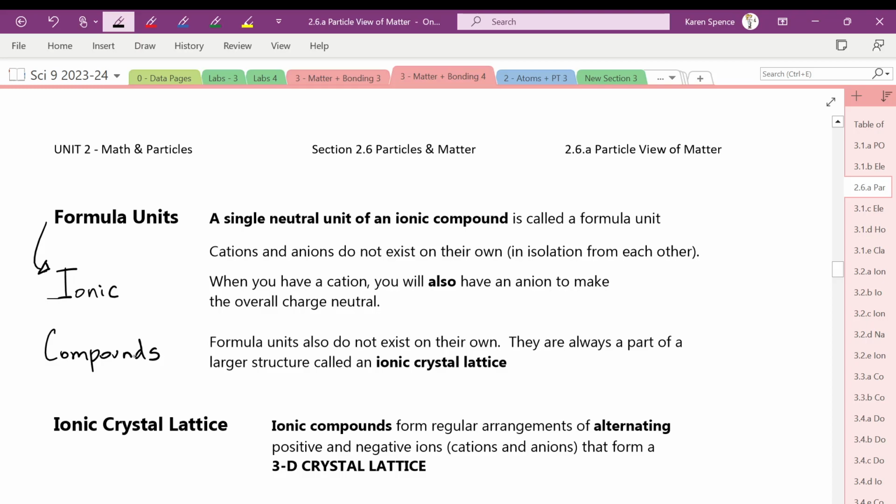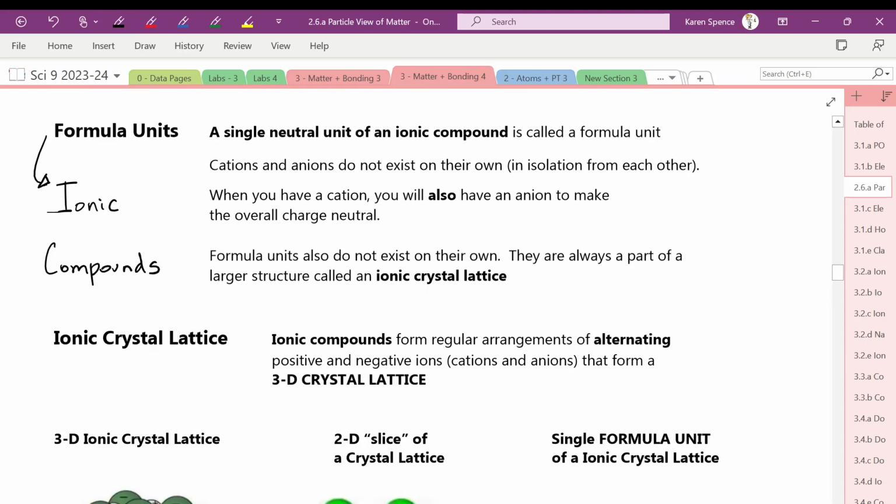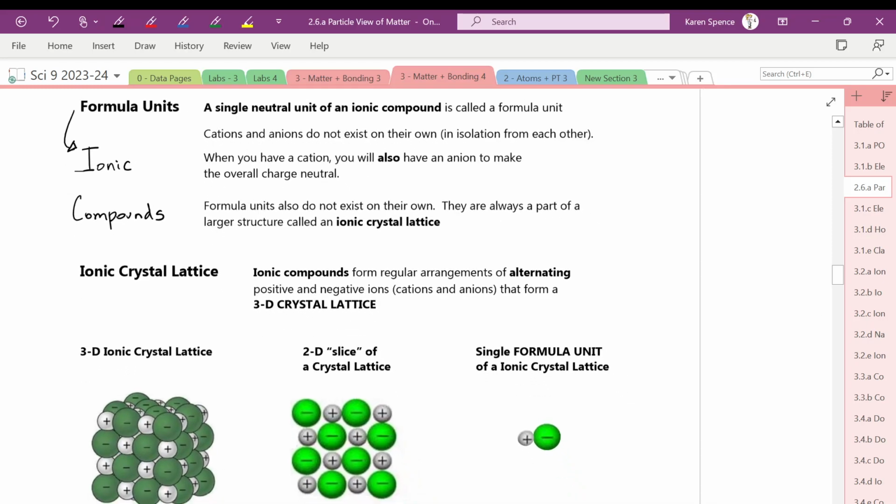A single neutral unit of an ionic compound is called a formula unit. And if we put a bunch together, we get an ionic crystal lattice. Would you be able to draw a 2D slice of an ionic crystal lattice? Would you be able to draw a single formula unit? Yeah. Excellent.